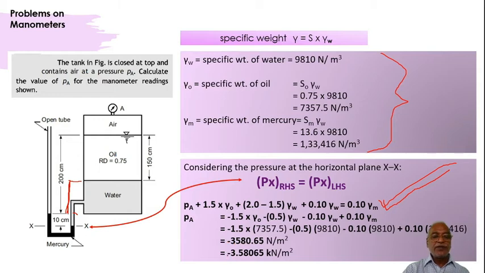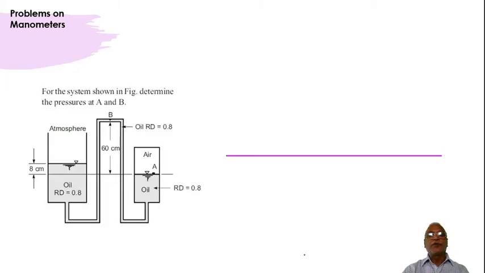Now this itself can be written as minus 3.58065 kilonewton per meter square, because this can be divided by 1000 to get in the units of kilonewton per meter square. So hope you have understood. Please go through once again and try to understand. Okay, we'll go for the next problem.